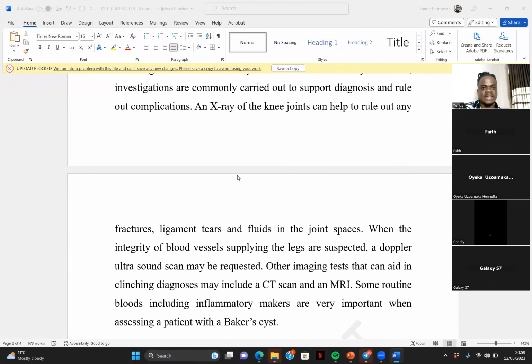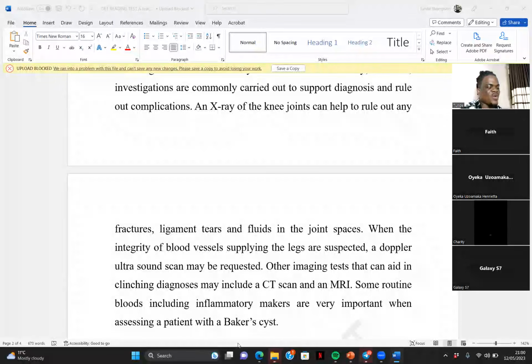So we now go to blood test. Now here they said some routine bloods, including inflammatory markers. For them to say routine bloods, of which inflammatory marker is part of routine bloods, yeah? And they now said including inflammatory marker. It means that inflammatory marker is special.